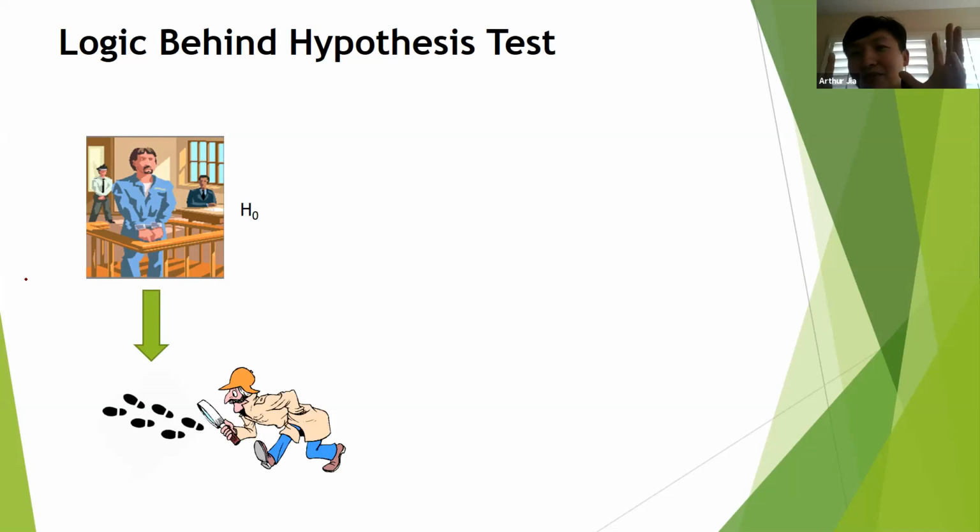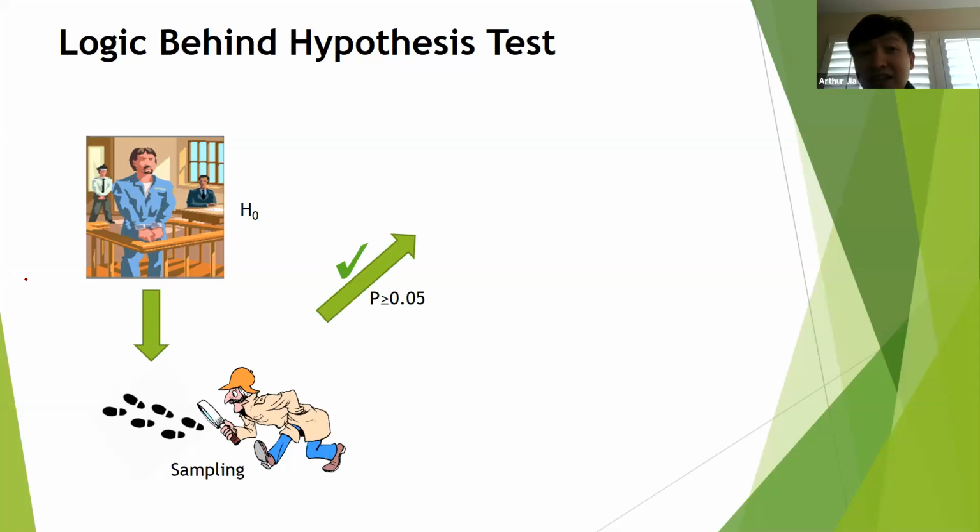So once we have a null hypothesis versus an alternative hypothesis, we want to put the null hypothesis on trial, based on the assumption that the null hypothesis is true. Based on the null model, we collect the data, and then we test if this data is supportive of the null hypothesis.